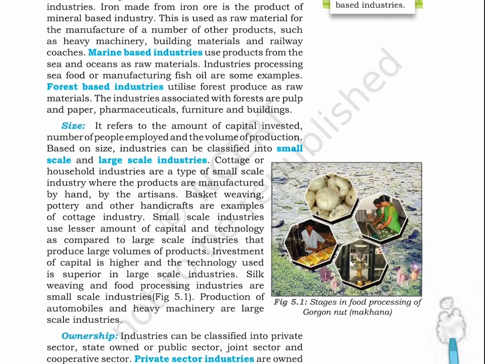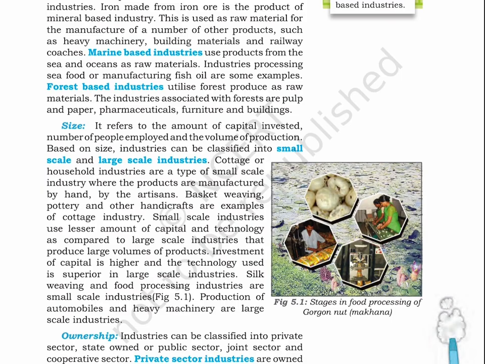Small scale industries use lesser amount of capital and technology as compared to large scale industries that produce large volumes of products. Investment of capital is higher and the technology used is superior in large scale industries.